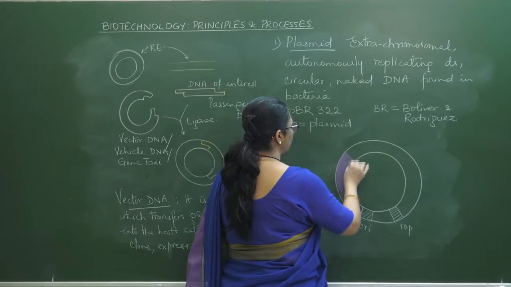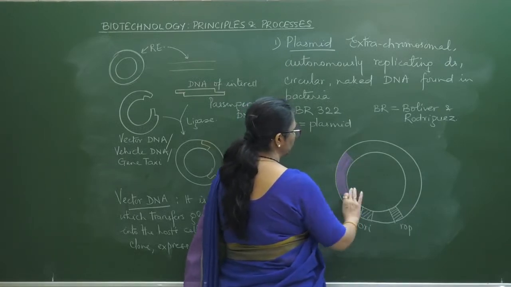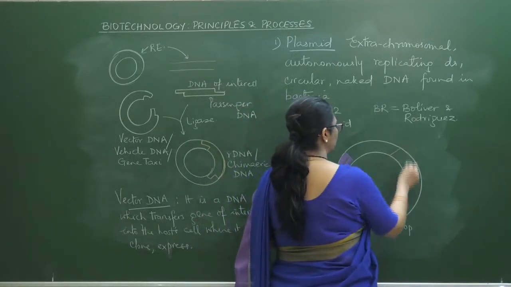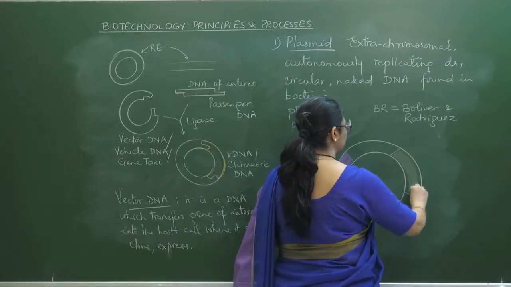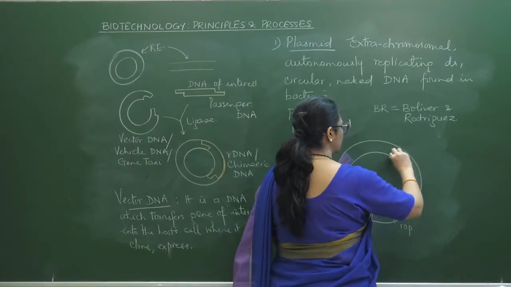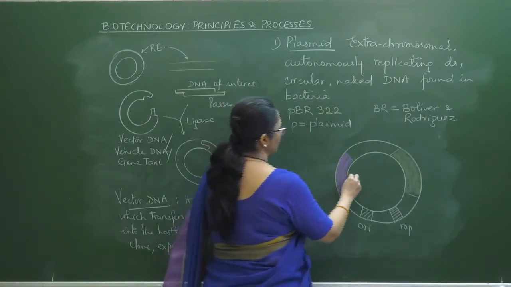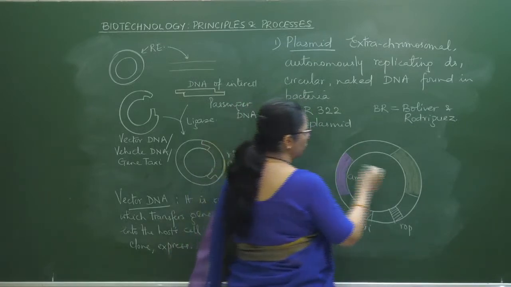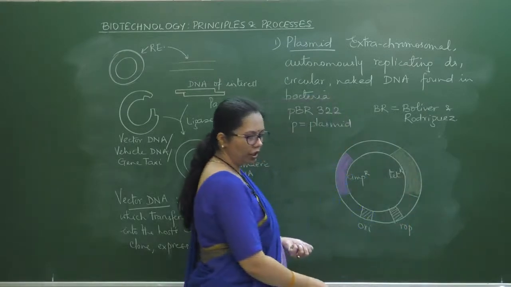Of course, in the actual plasmid these are not colored or anything; this is for our own understanding, for convenience. And similarly here there is another one. This is the ampicillin resistance gene. This one is the tetracycline resistance gene.